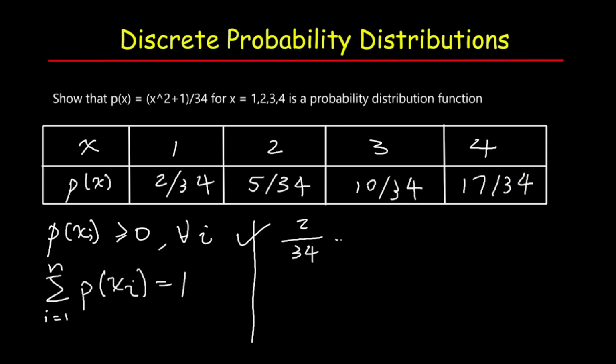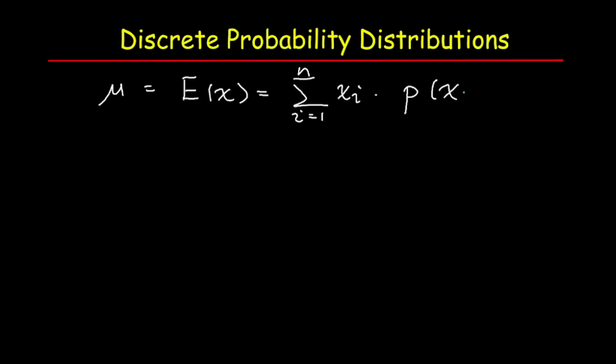We can add all of them together, and we see that indeed 2 plus 5 is 7, plus 10 is 17, plus 17 is 34, which over 34 is 1. So we know that the second statement is true as well. Therefore, p(x) is a probability distribution function.